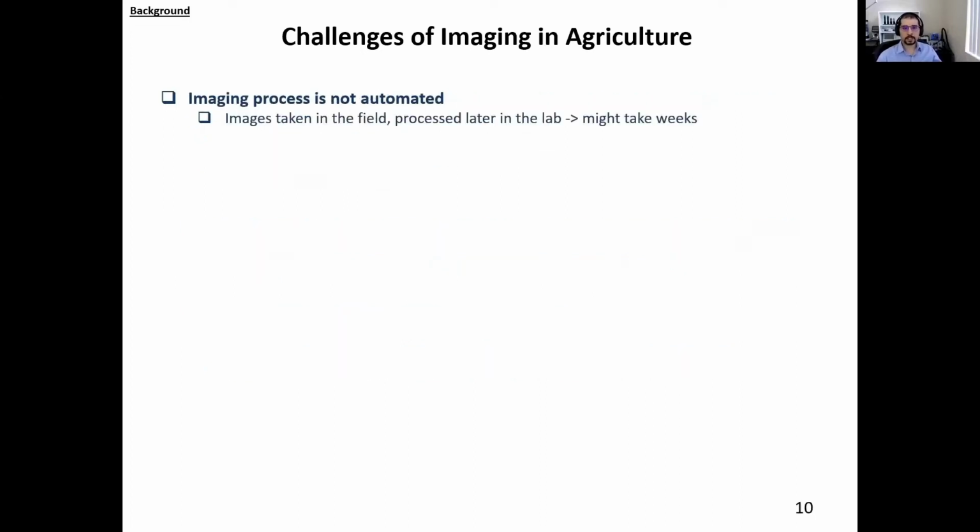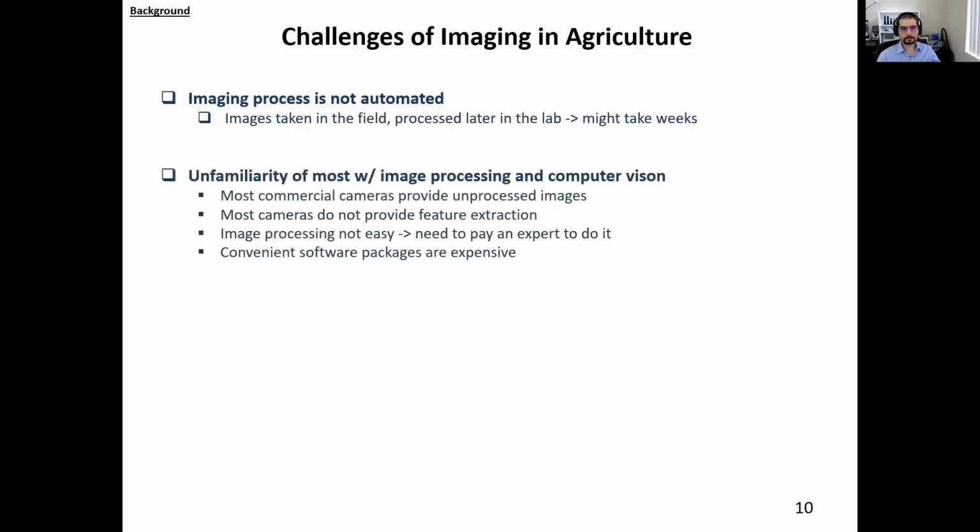Another challenge in imaging in agriculture is that the imaging process in most applications is not automated. Images are usually taken in the field, as I explained in my second or third slide, and then processed later in the lab. This might take weeks, if not months.